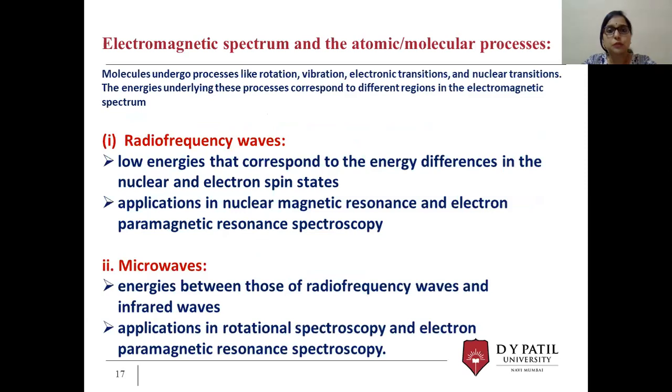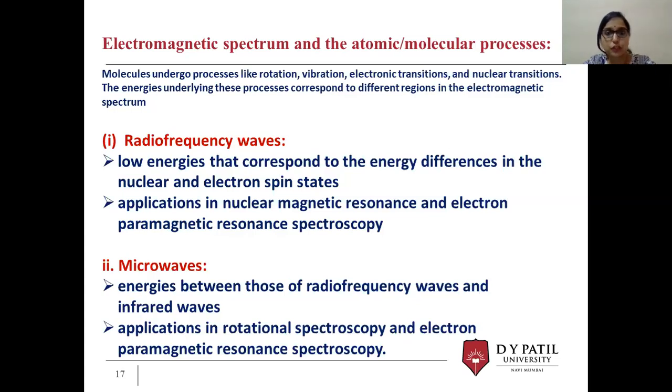Now, the electromagnetic spectrum and the atomic and molecular processes associated with it. Molecules undergo processes like rotation, vibration, electronic transitions, and nuclear transitions. The energies underlying these processes correspond to different regions in the electromagnetic spectrum. So let's say, to start with, radio frequency waves. These are low energies that correspond to energy differences in nuclear and electronic spin states. So radio frequency waves actually deal with nuclear and electronic spin states.